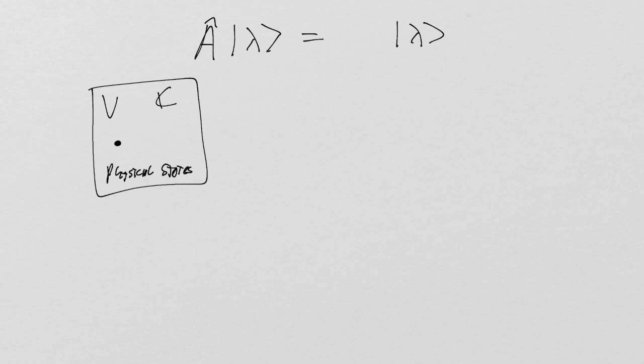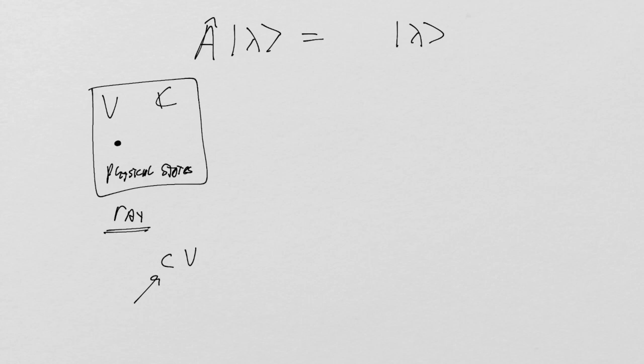However, a physical state is a ray in the vector space. What this means is that if I take any vector v, its ray is some complex number times v, and I can put in any complex number there. And that would be a ray in this vector space.